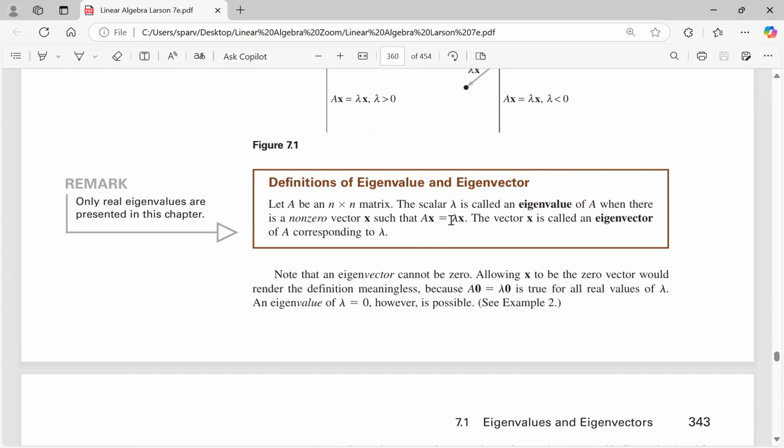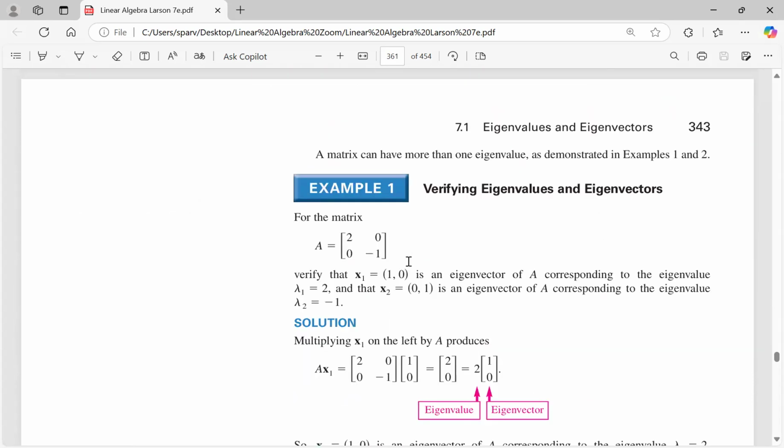So our task is to find lambda, folks. That's a scalar, and once we do, we can write the eigenvectors. This vector X is called an eigenvector of A corresponding to lambda. That's all we want to do.